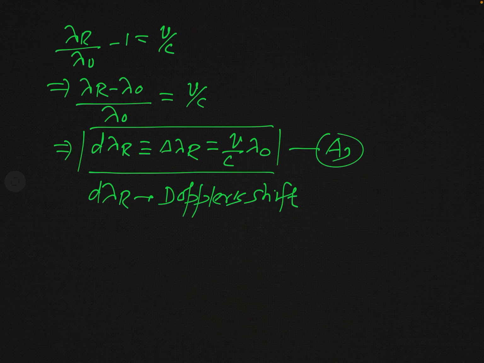Actually it implies that when there is a receding between the source and observer, or you can say that a source of light is moving away from the stationary observer. In fact, in that condition, there will be an increase in wavelength. So wavelength actually shifts towards the longer wavelength side of the spectrum.